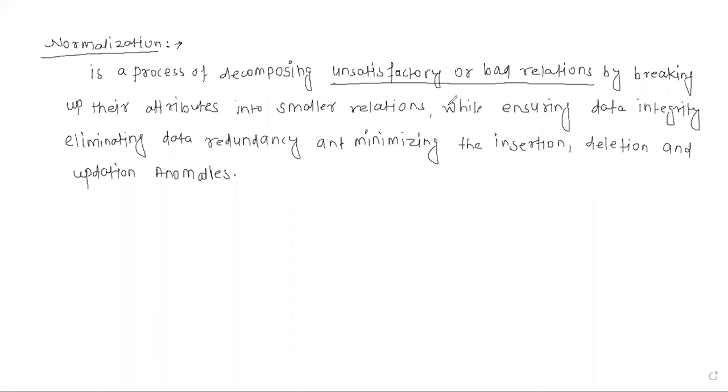In that case, you need to break the single table. For example, the table is R1. Suppose that R1 is unsatisfactory, or we can call it a bad relation. I told you the meaning of a bad or unsatisfactory relation.